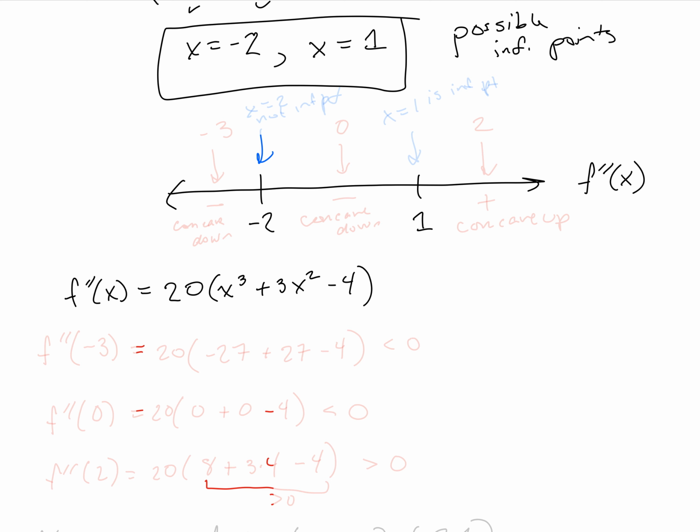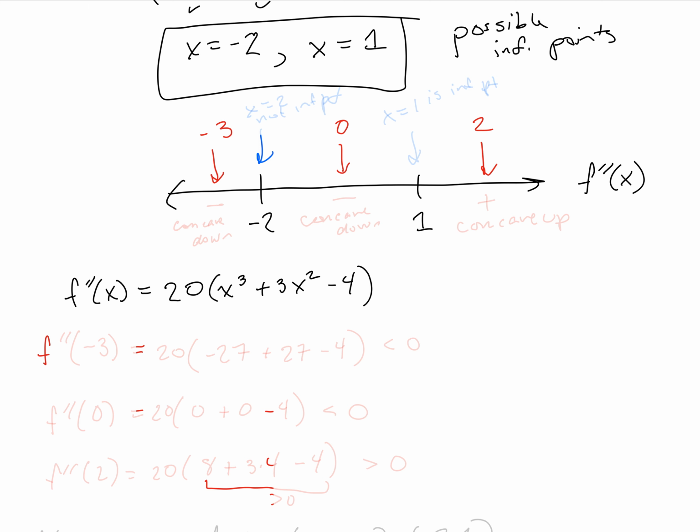That was our second derivative after we factored the 20 out. Now we want to pick points to test in that second derivative in between the potential inflection points. So some number less than negative 2, let's say negative 3, some number between negative 2 and positive 1, 0 is usually easy, and some number greater than 1, let's use 2 as the points to test.